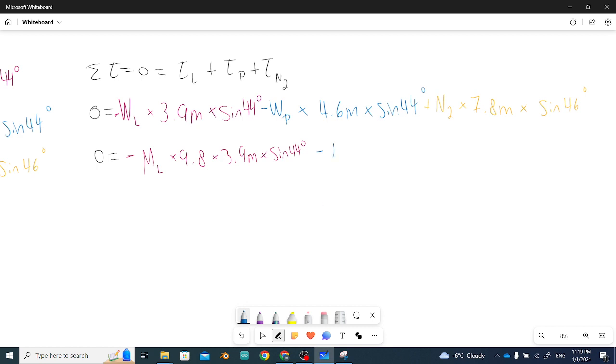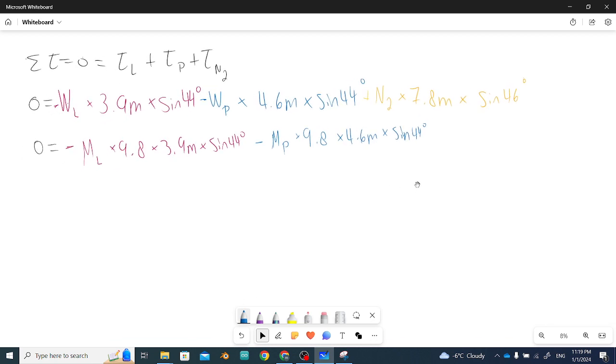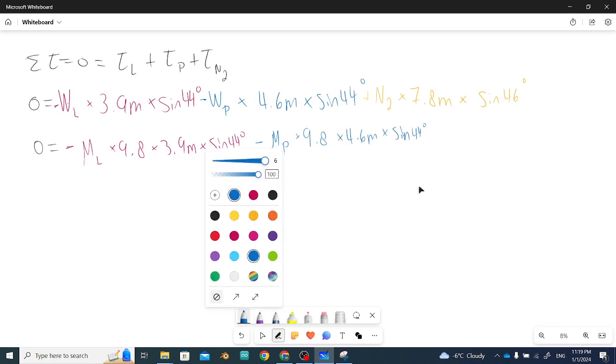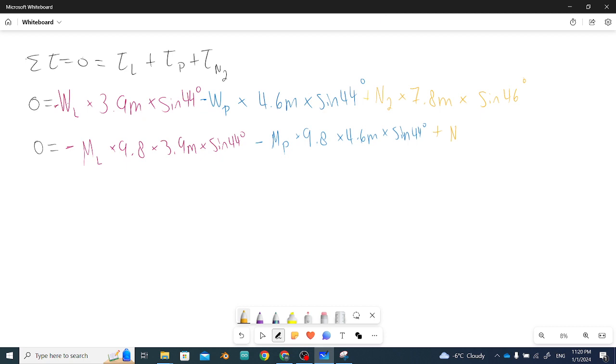So minus mass of the painter times 9.8 times 4.6 meters times sine of 44. So this equation is getting really long, but it's going to get simplified a lot. And then plus this one, we can't really do anything with it. So N2 times 7.8 meters times sine of 46 degrees.